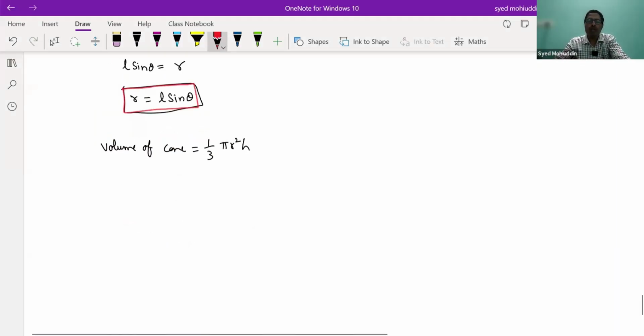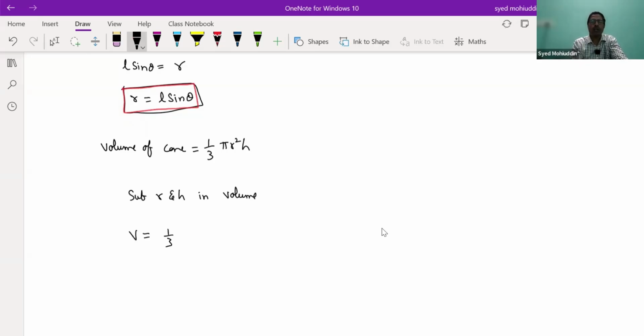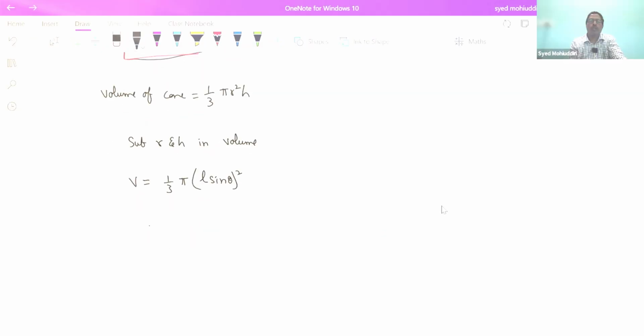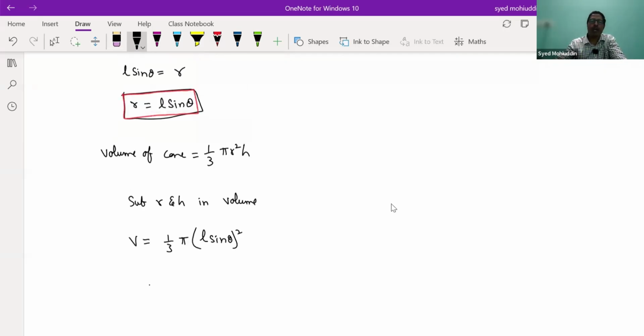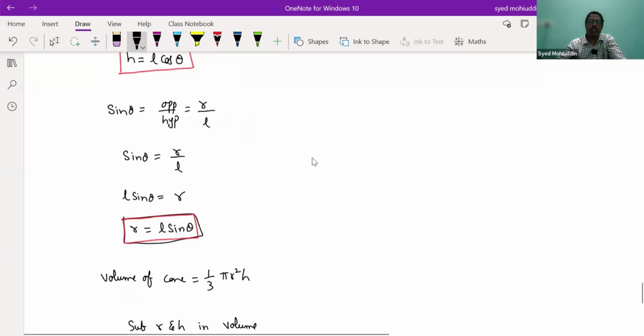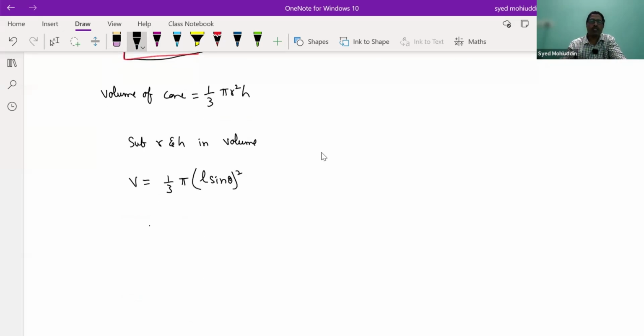Let me take the volume to be V and plug in the values of R and H. Substitute R and H in the volume V. So volume V is 1 by 3 pi R. So what is the value of R? It is L sine theta whole square. So this is R square. H, what is H? Without square, it is L cos theta.